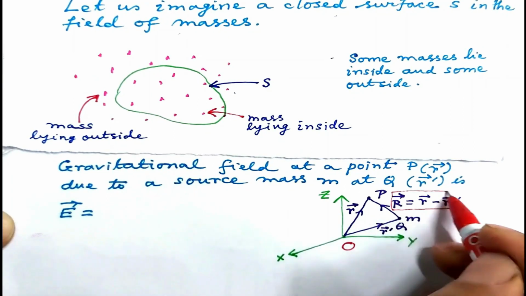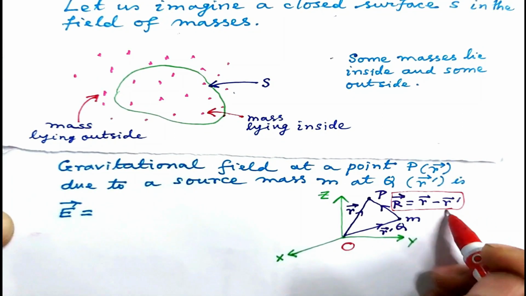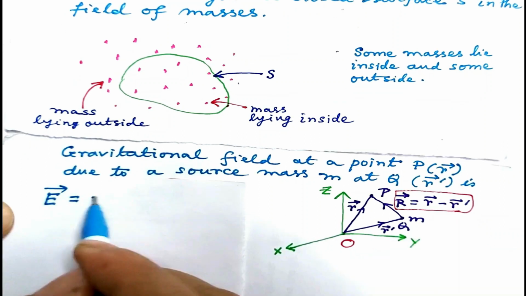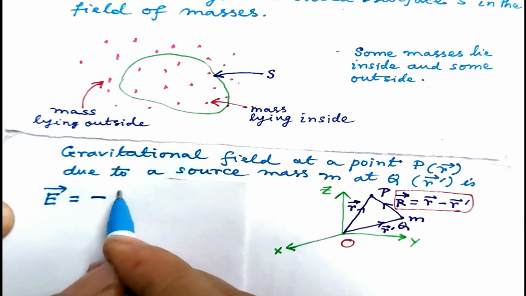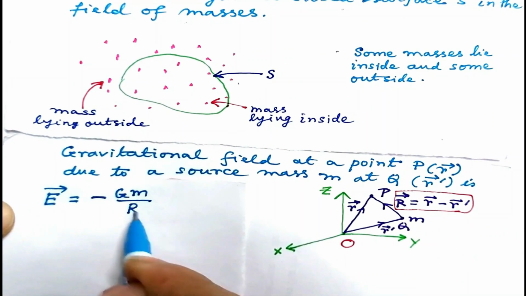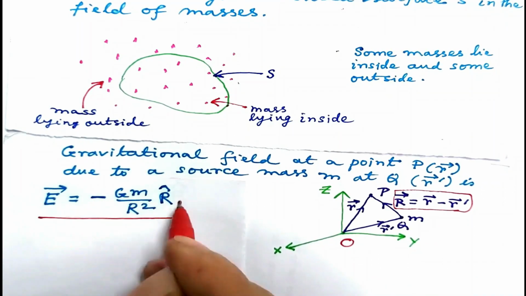Let us highlight it. This vector capital R represents the position vector of point P with respect to point Q. Let us now write the expression of the gravitational field at the field point P created by the source mass m at point Q. It is minus G m by R square into R hat.